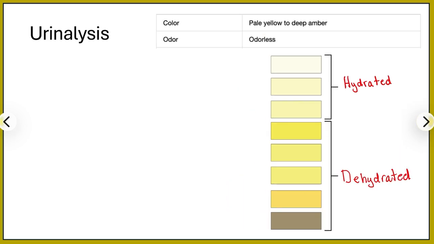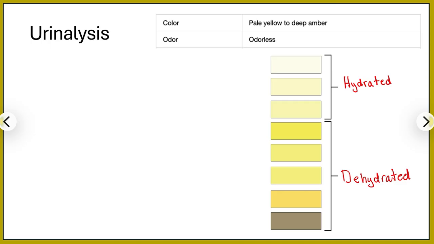So ideally you're looking for a pale yellow to almost clear color, although having it somewhat yellow is not that abnormal. Just might indicate that you need to drink more water. There are other things besides the concentration level that can affect it.